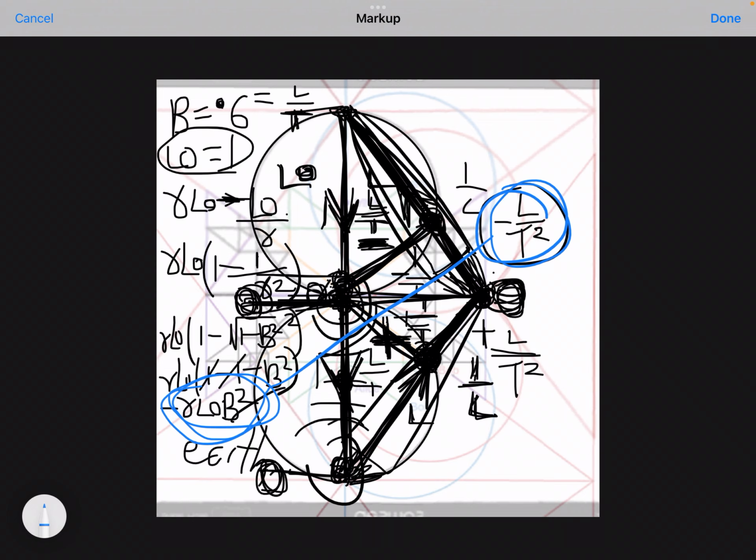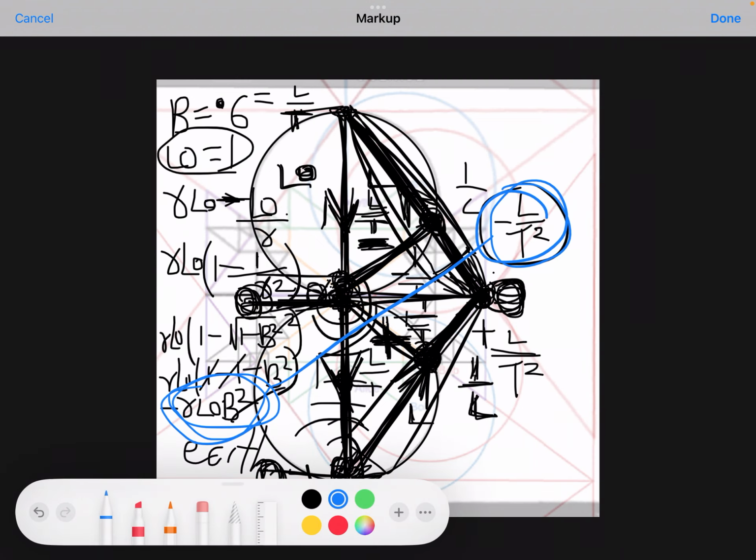But this is according to Bob, so to convert that to time, you have velocity equals distance over time. You rearrange that, you get time equals distance over velocity.